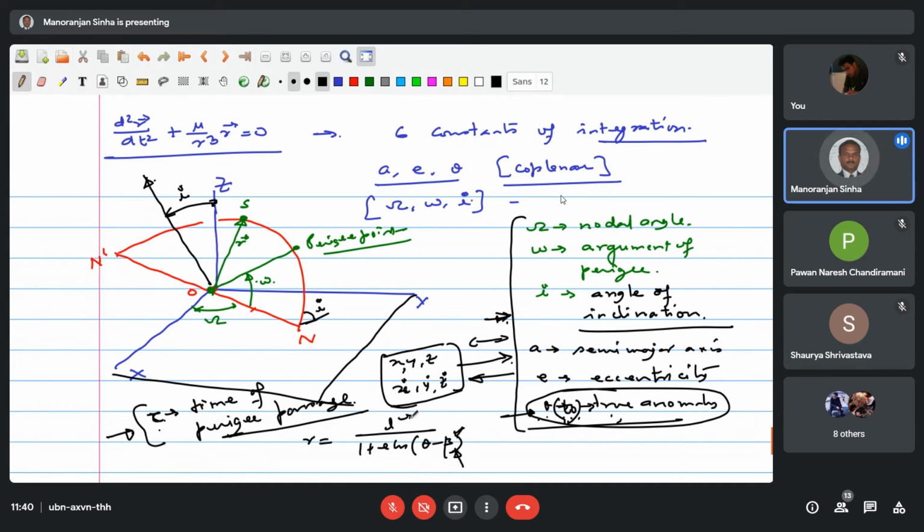In L, you have a and e involved. Beta is one part you have written, but once we take beta as a constant of the orbit, then theta will not be considered. So overall, a, e and tau or beta are involved in the orbit as orbit constants. The rest, which are capital omega, small omega and I, are calculated separately. While the three are involved here in this.